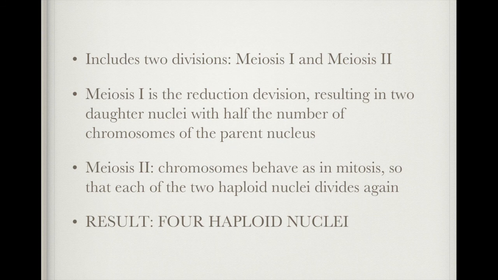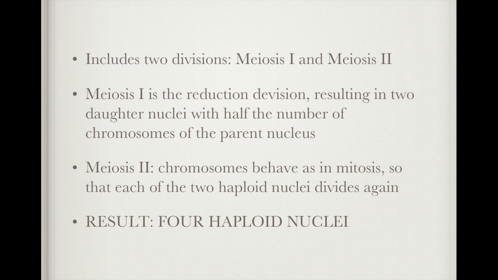Unlike mitosis, meiosis involves two divisions called meiosis 1 and 2. Meiosis 1 is a reduction division resulting in two daughter nuclei with half the number of chromosomes of the parent nucleus.